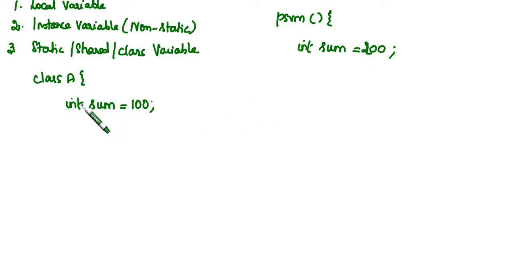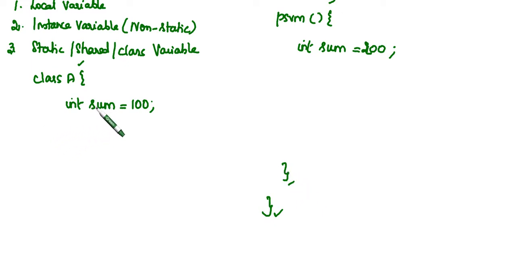See, this is within the class level from here, and this method ends over here. So from this curly brace to this curly brace is class level, and from this curly brace to this curly brace is said to be the method level.